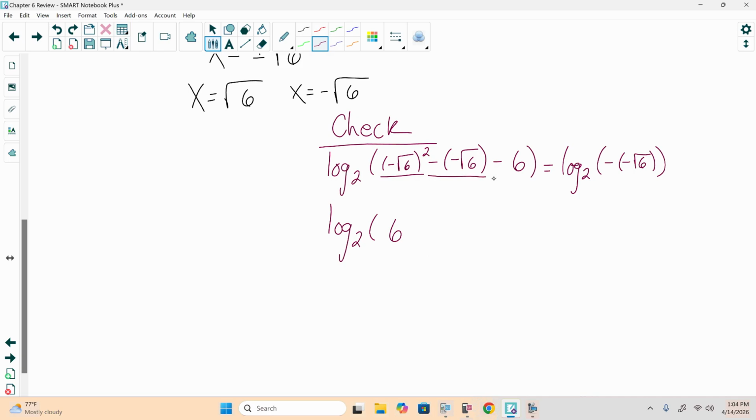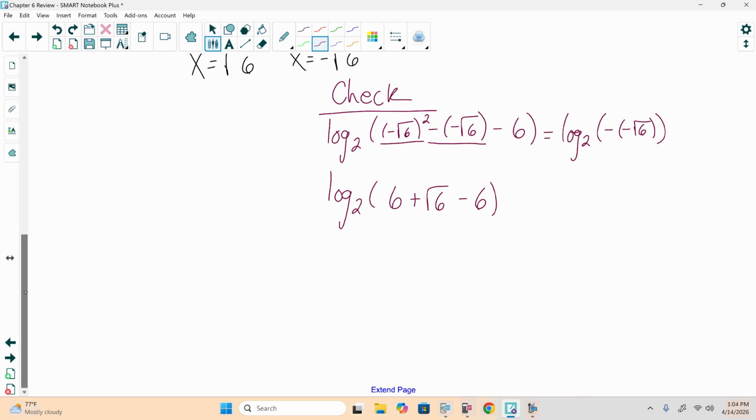Our middle term, negative square root of 6, is going to become positive square root of 6 minus 6. Now inside the parentheses here, our 6 and negative 6 are like terms, and they will become 0, leaving us with log base 2 of square root of 6.